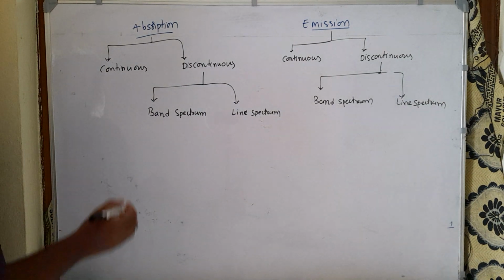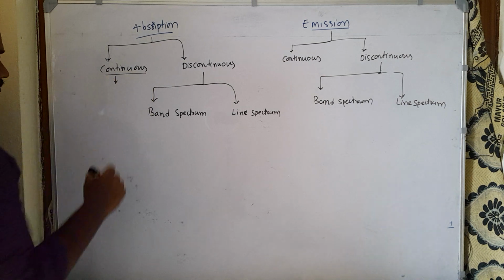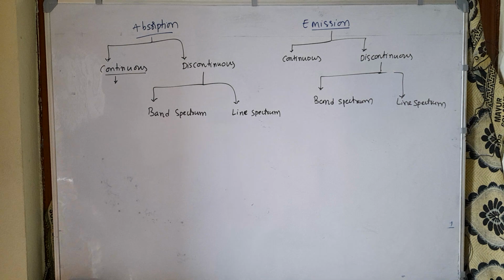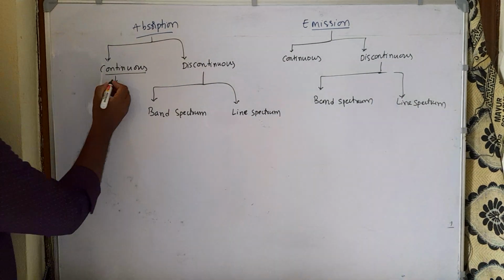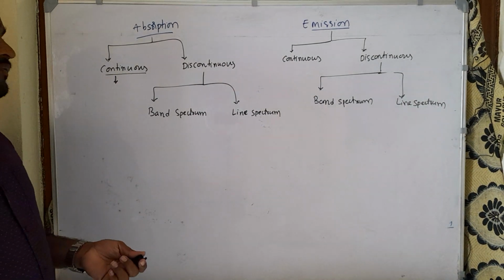So what does absorption continuous spectrum mean? Here we can take a black body. Continuous absorption spectrum is due to absorbing continuously different wavelengths.